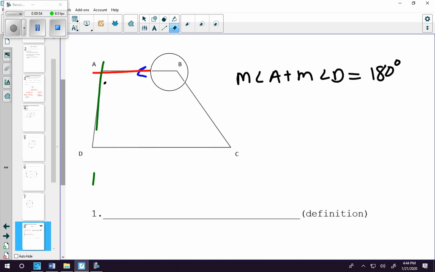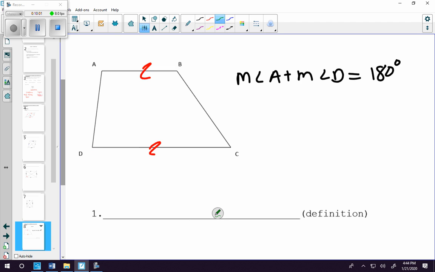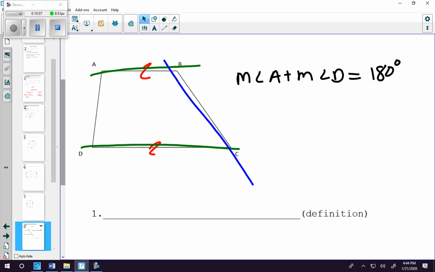If we apply the parallel lines again and now use segment BC as the transversal in blue, now we have same side interior angles over there. So again, if two parallel lines are cut by a transversal, then same side interior angles are supplementary.